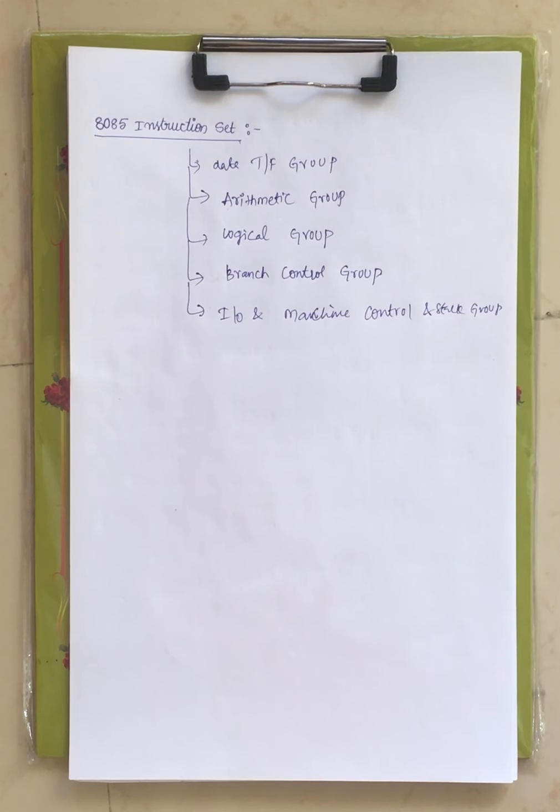Next you have the arithmetic group instruction set, where you can perform arithmetic operations, and next you have the logical group instruction set, where you can perform logical operations such as AND, OR, NAND, NOR. All this comes under the logical group instruction set. Next you have the branch control group instruction set, and you have the I/O, machine control and stack control group instruction set, right? These are the categories of the 8085 instruction set. Now let us see one group at a time.